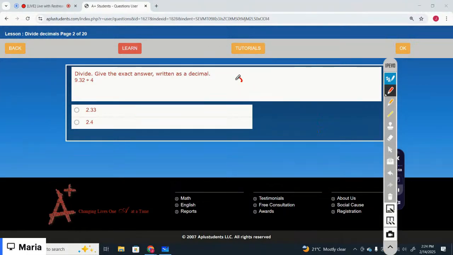Using the long division method, 9.32 divided by 4. 4 times 2 is 8. 9 take away 8 is 1. Bring the decimal point over here, put it over here, and bring the next digit down.